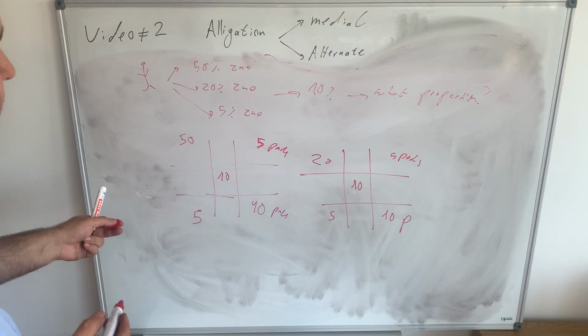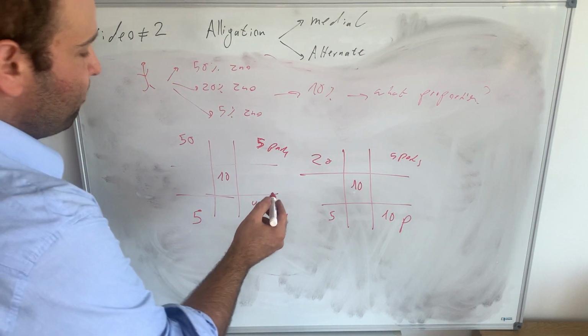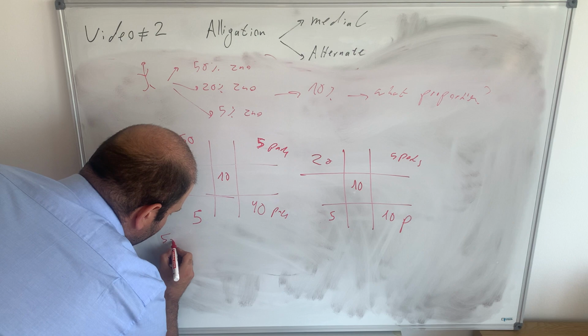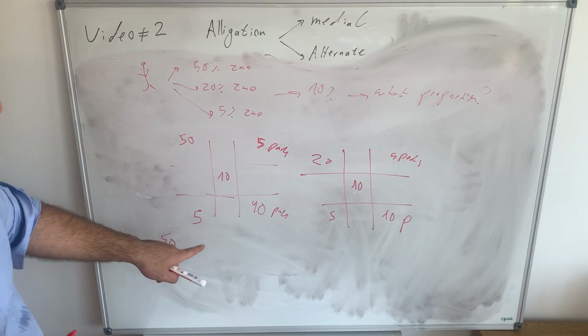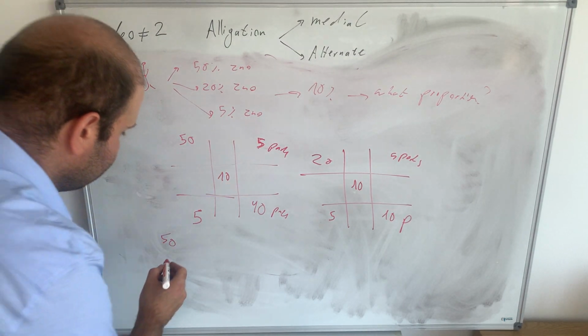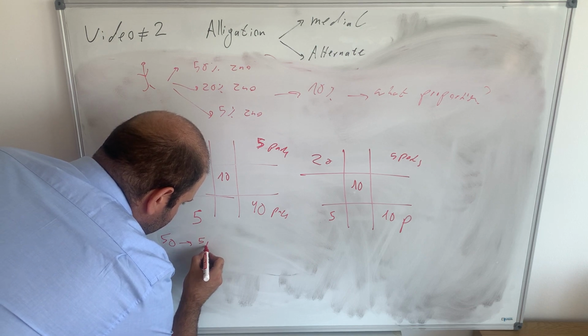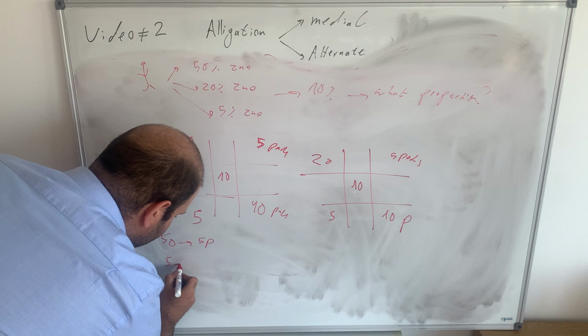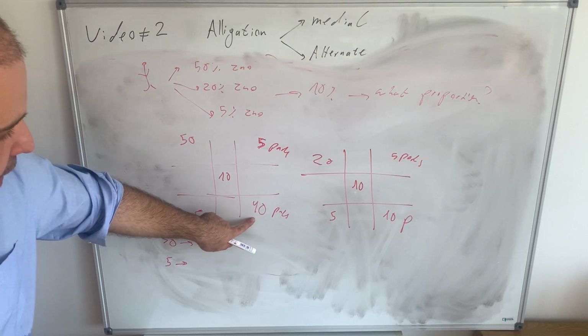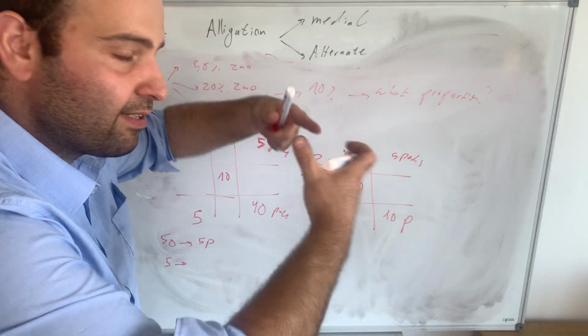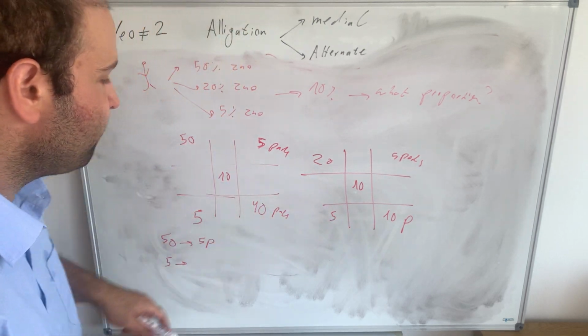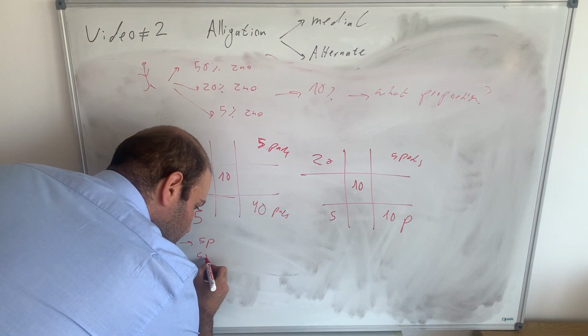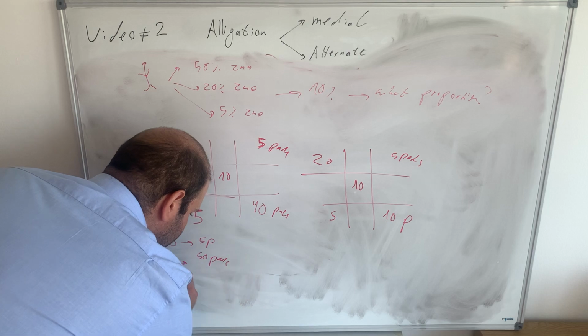Now at the end you have to sum it up. How many parts of 50% are required? We have 5 parts. How many parts of 5% are required? In this table we have 40 parts, here 10 parts, together 50 parts of 5%.